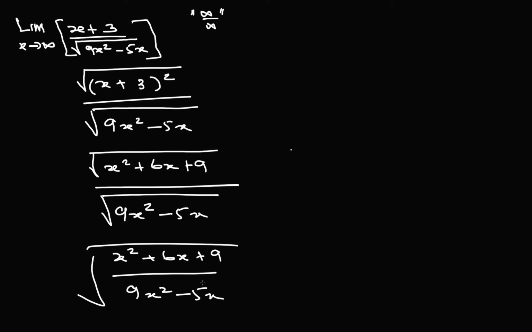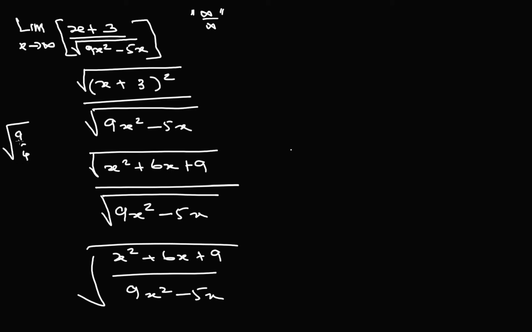Okay, now we're going to continue from here. Because this is a fraction inside this, it's the same as if I had, let's say, the square root of 9 over 4.